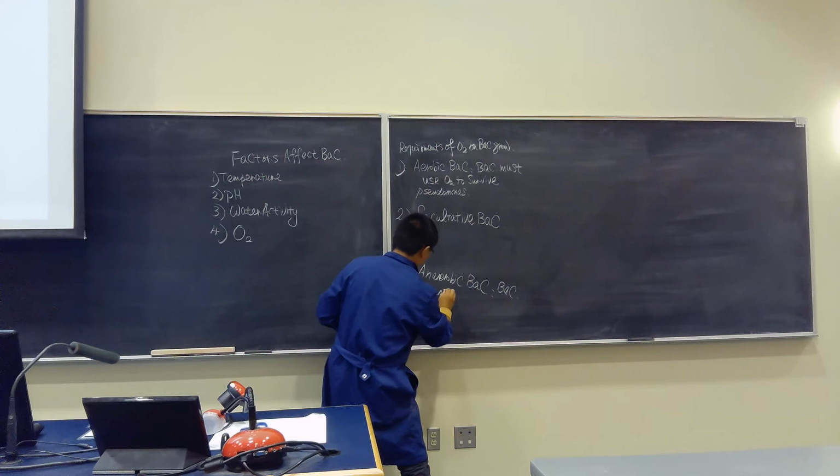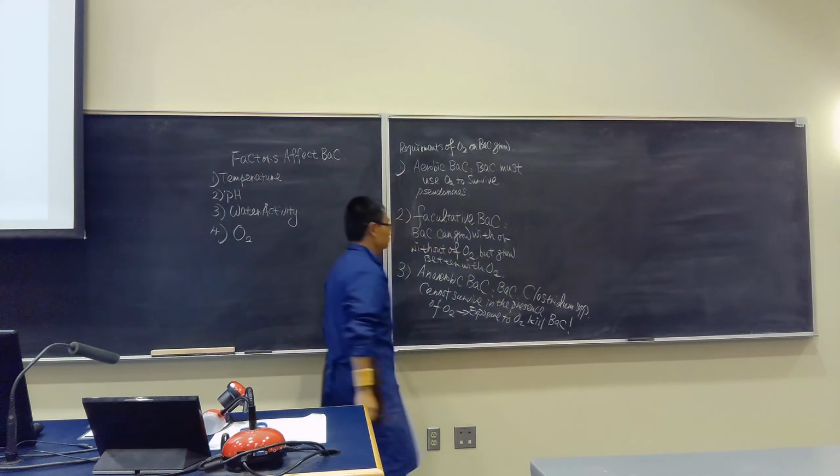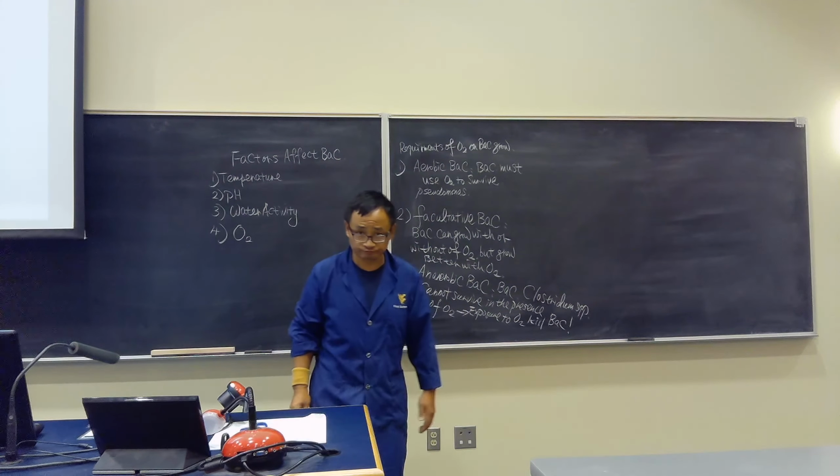How about the facultative bacteria? These bacteria can grow with or without oxygen, but grow better with oxygen. Now, what are the examples?